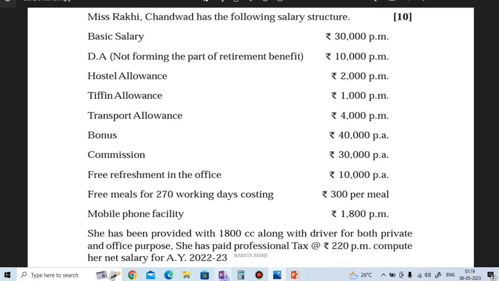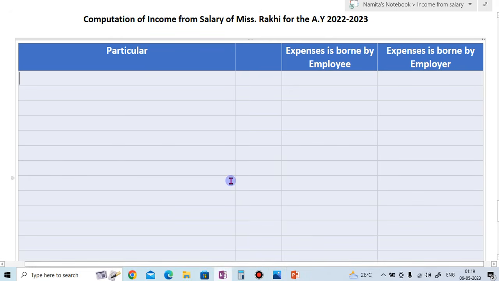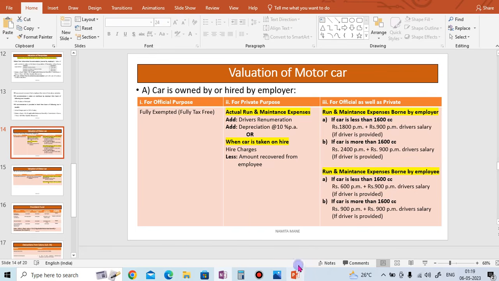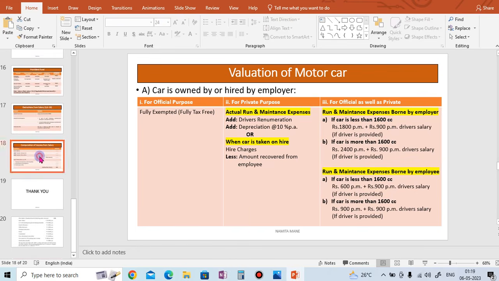Now in my last lectures I have explained the format of computation of income from salary. Once again I will show you the format.